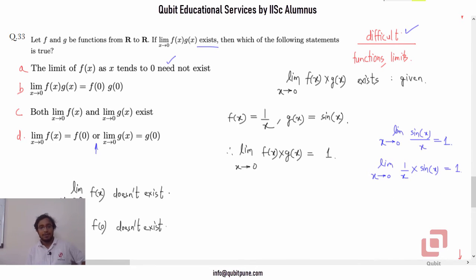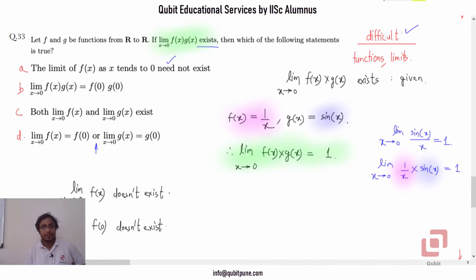That allows me to take f of x as 1 upon x and take g of x as sine x. If I do that, we clearly get the satisfaction of this thing. The limit exists and it is equal to 1. Well, the value is not important, we just know that the limit exists.